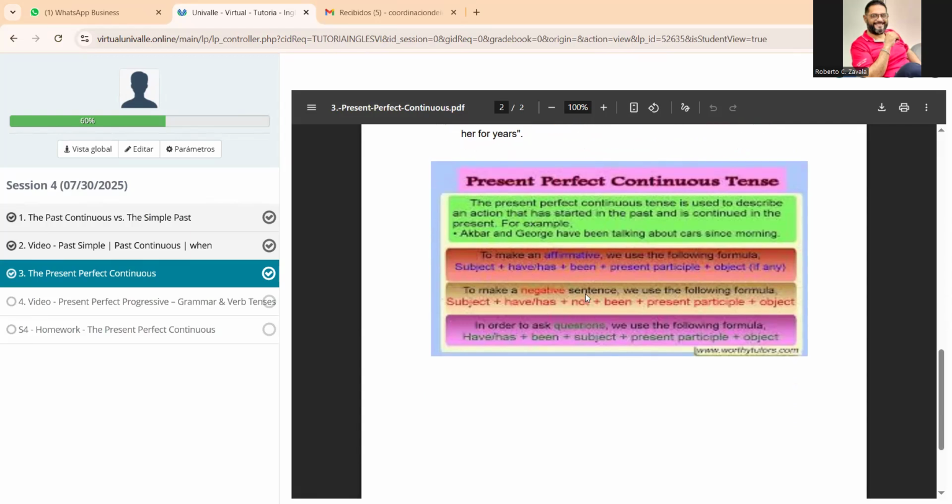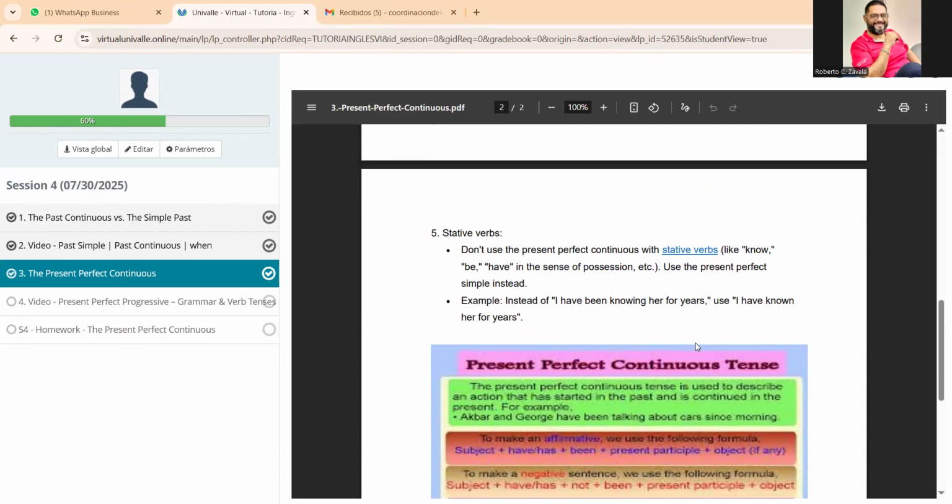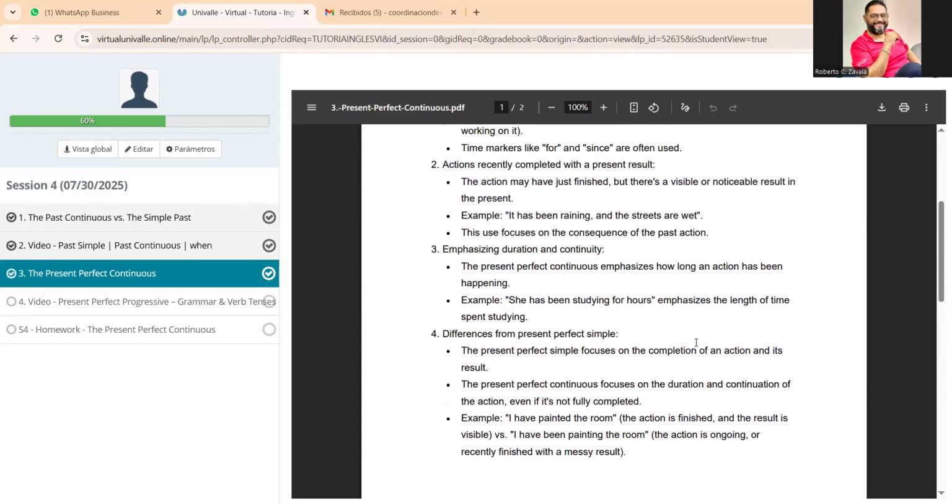To make a negative sentence: subject plus have/has plus not plus been plus present participle plus object. In order to ask questions: have/has plus subject plus been plus present participle plus object. So always remember, present perfect continuous connects the past to the present. The action is still ongoing.